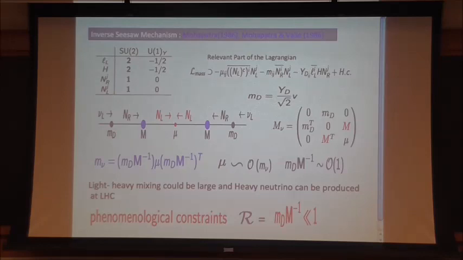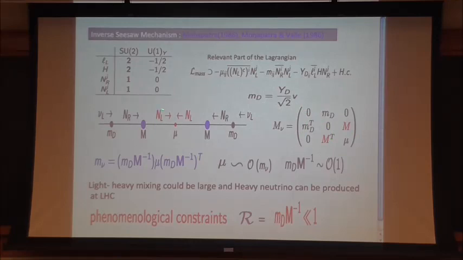Apart from the seesaw mechanism, there is one more possibility of extending the standard model using two Majorana heavy neutrinos, with a small lepton number violating term which can generate the light neutrino mass from this mass matrix.